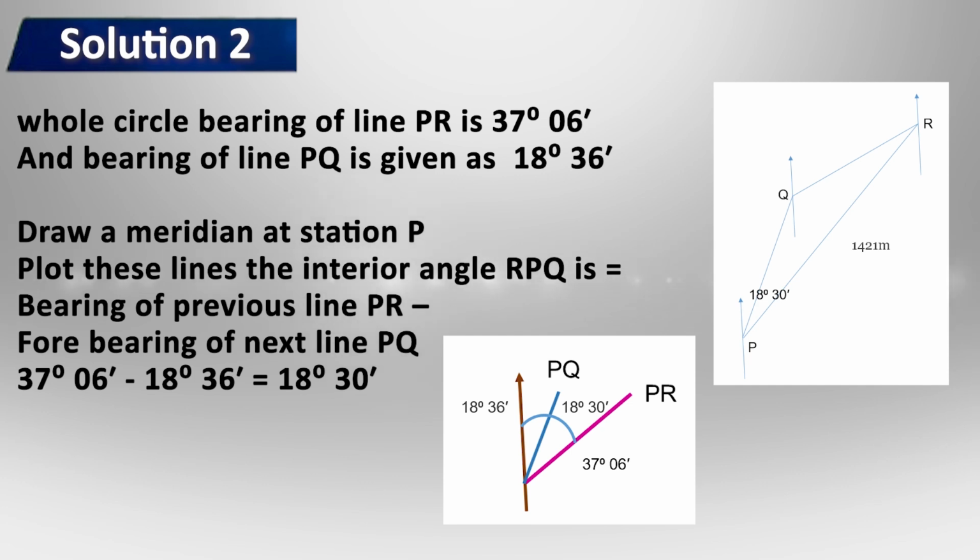Suppose we are at station P, so the next station would be Q and the previous station would be R. So the bearing of the previous line will be PR and the forebearing of the next line would be PQ. So the value is 37 degrees 6 minutes minus 18 degrees 36 minutes. It comes out to be 18 degrees 30 minutes.